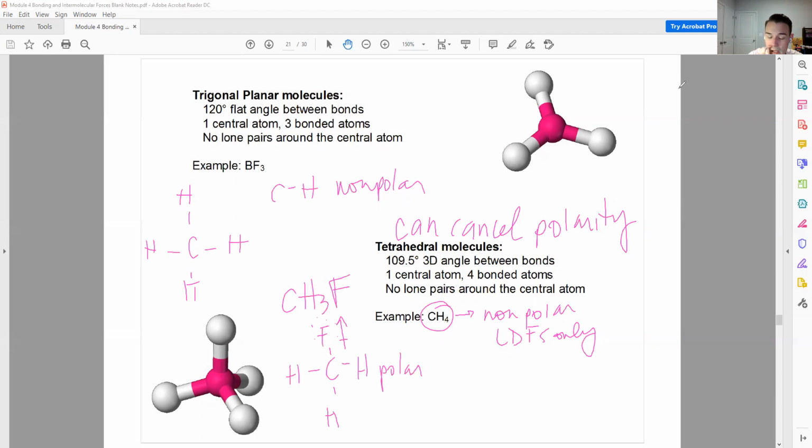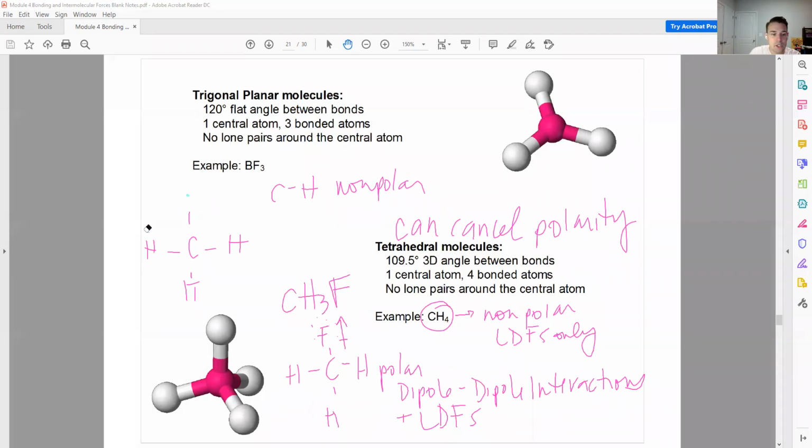And if we have a polar molecule, it's going to have dipole-dipole interactions and London dispersion forces. So just by changing one of those atoms from hydrogen to fluorine, which is more electronegative than the carbon, it pulls the electrons towards it, makes the molecule polar, and then you have dipole-dipole interactions.